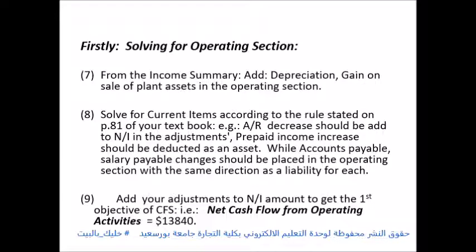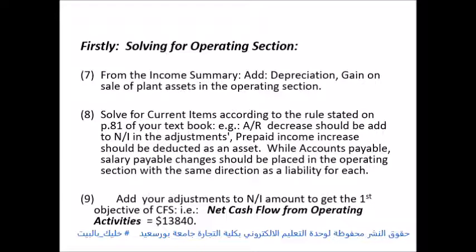That means the non-cash items of depreciation and the gains and losses should be reversed. Depreciation has been deducted in net income, so I have to add it now. Add to net income the amount of depreciation.